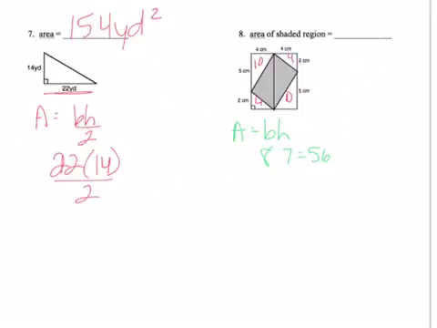So I'm going to subtract out all of those triangles. So I have 56 right here, the area of the whole thing, minus 20 plus 4 more is 28. So 56 minus 28 equals 28 centimeters squared.